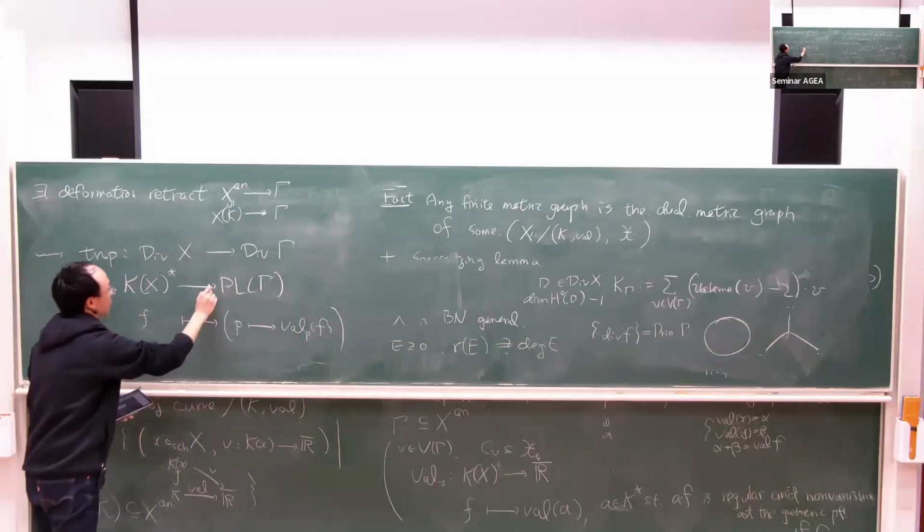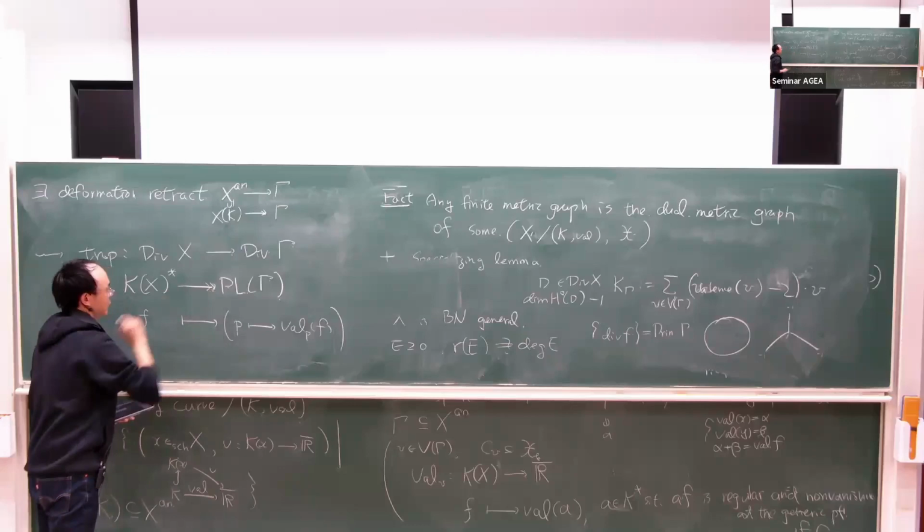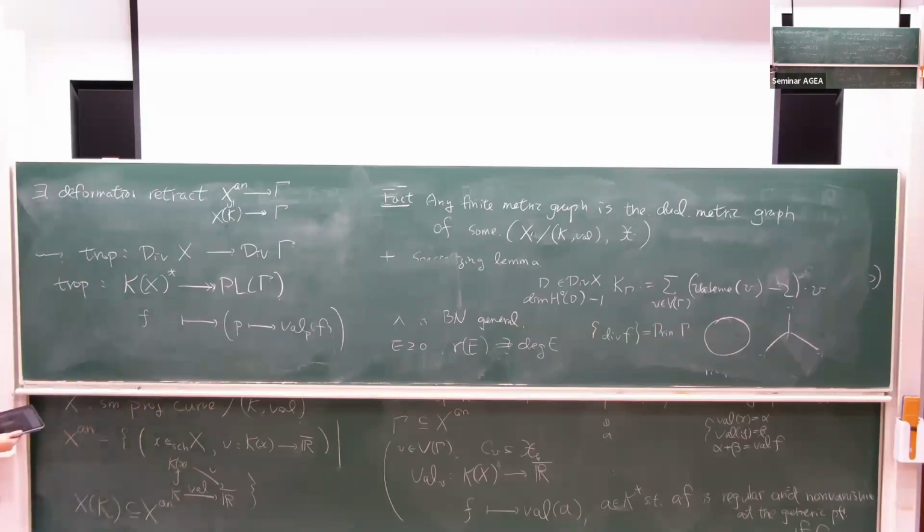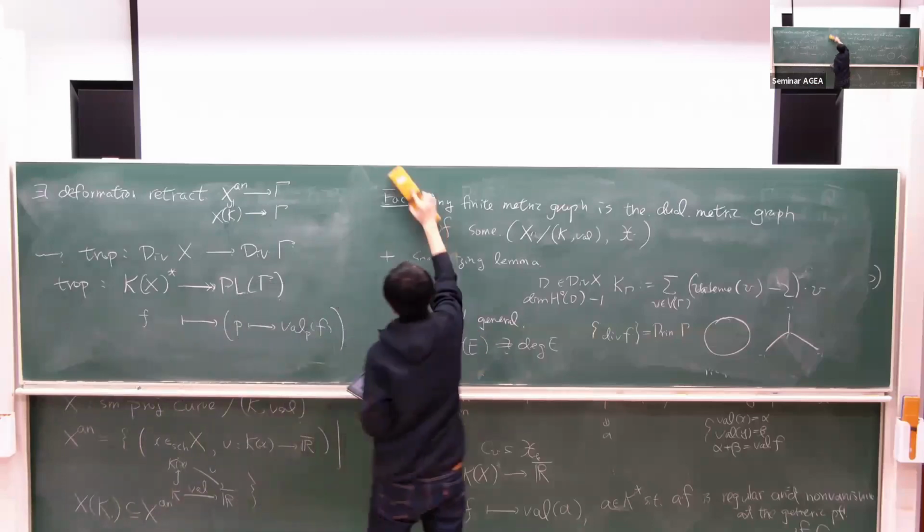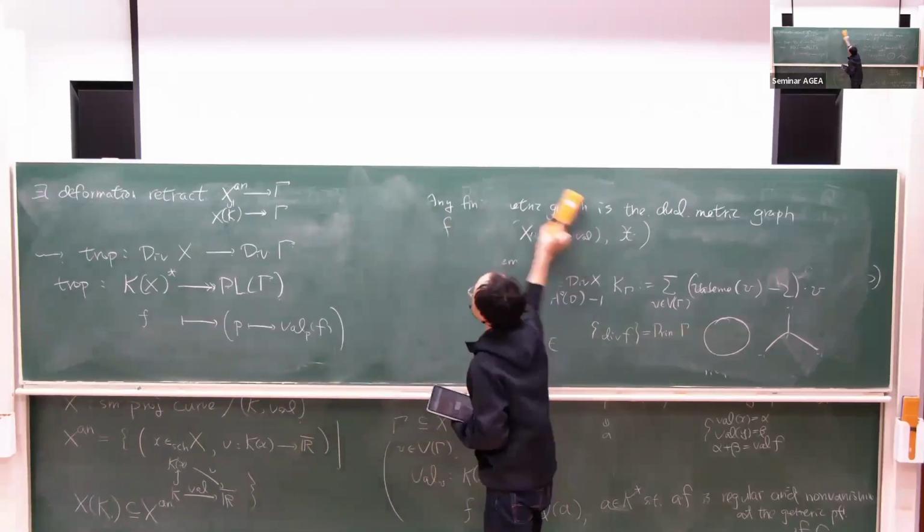You can also check that this is a surjective map. So now we have a tropicalization map for non-zero rational functions.